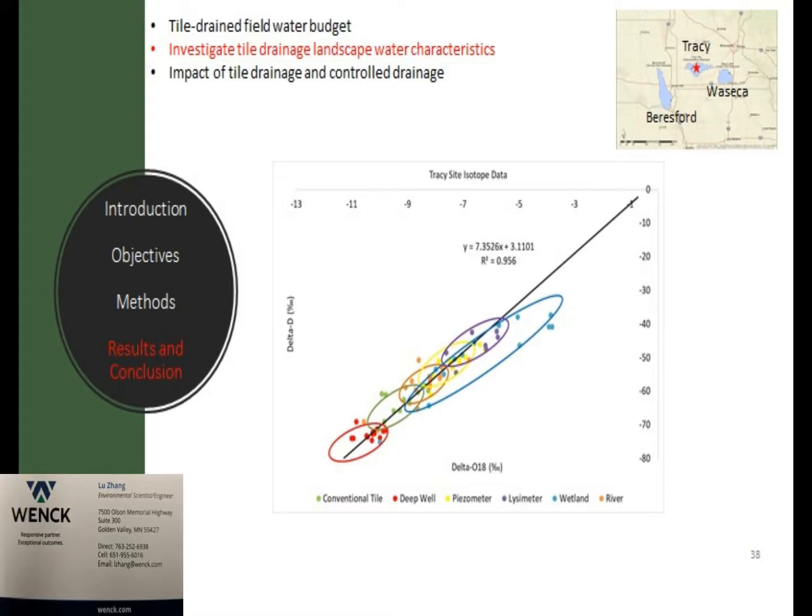So conventional tile, again the gray one, extends to the center of deep well and subsurface water, which, the yellow and purple, are our piezometer and lysimeter, and so is the river. So subsurface water, shallow groundwater, deep groundwater, and tile all have an impact on the river flow. However, we can still only do a two-component hydrograph separation.